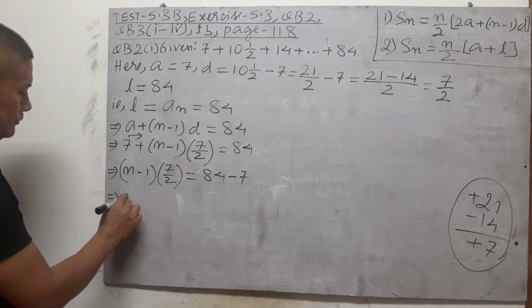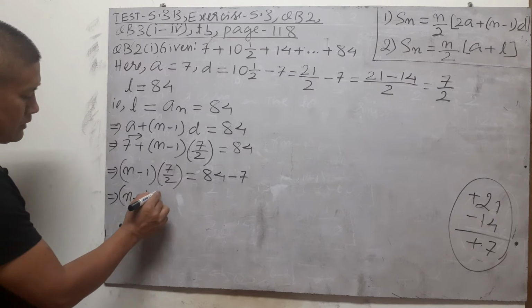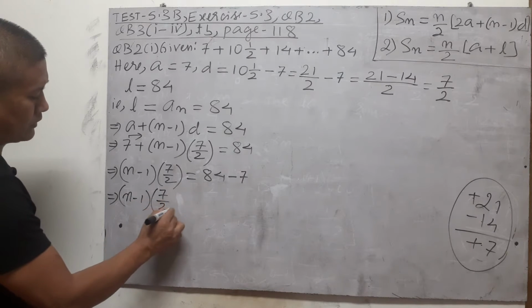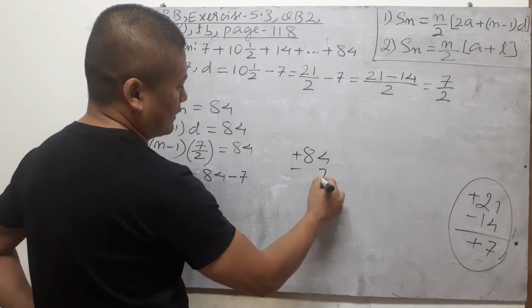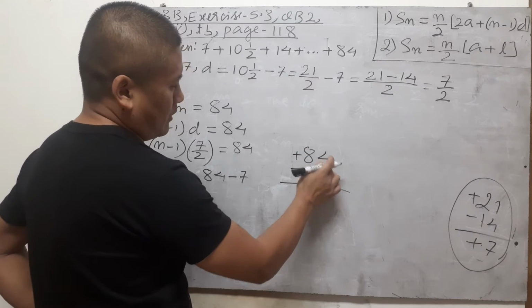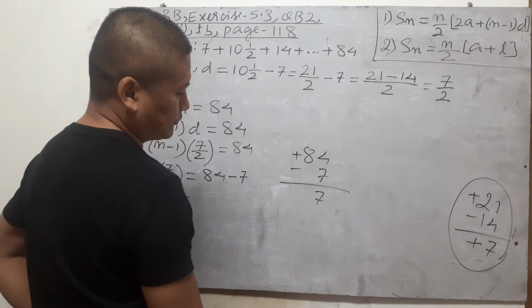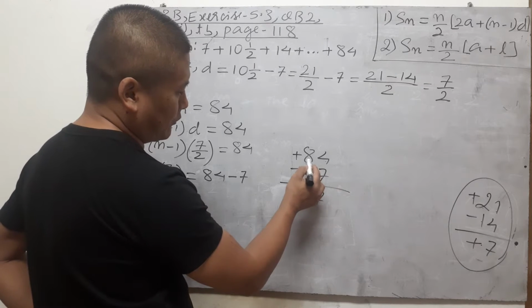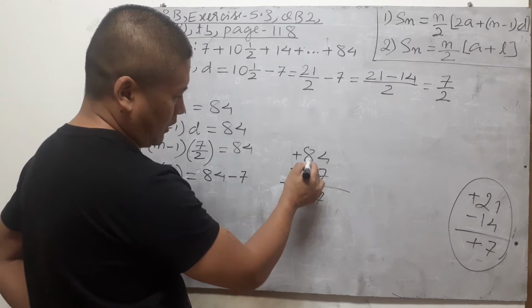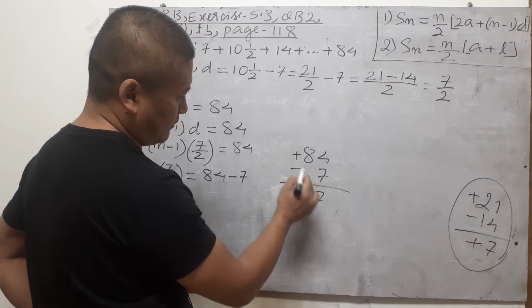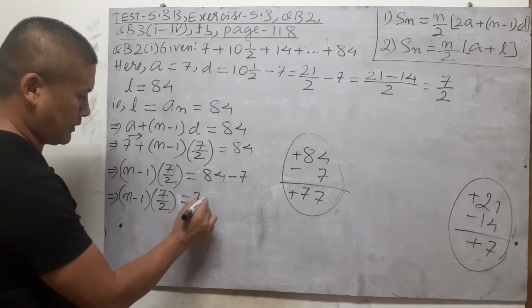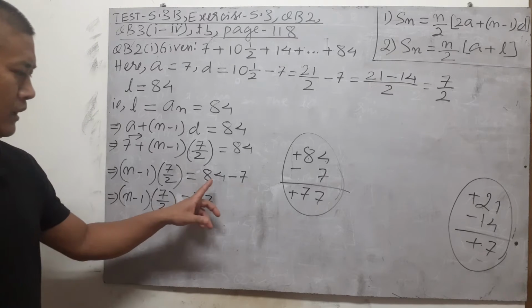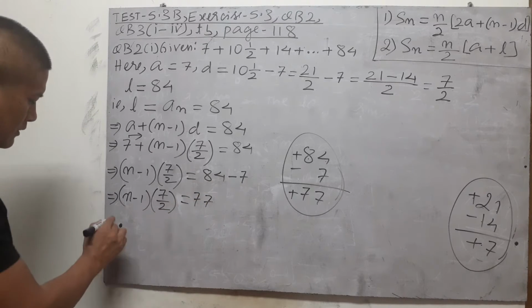So (n minus 1) into 7 divided by 2 is equal to 84 minus 7. To make 14, we borrowed 1 from 8, so only 7 left. So we are getting 77.